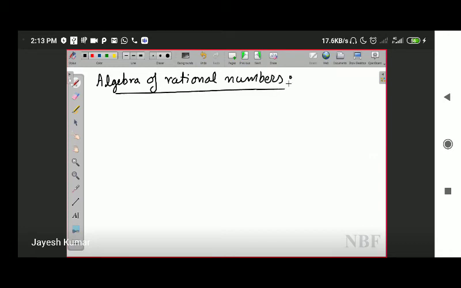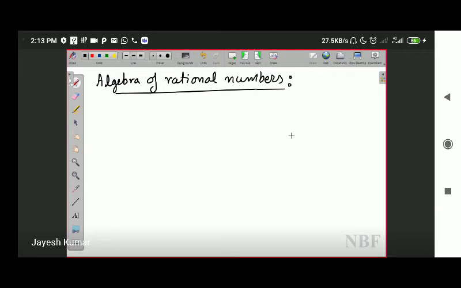So, what do we mean by algebra of rational numbers? Algebra is nothing but addition, subtraction, multiplication, or division of the same types of numbers. So what we are going to study in this chapter is properties as well as how to do the addition, subtraction, multiplication and division of rational numbers.